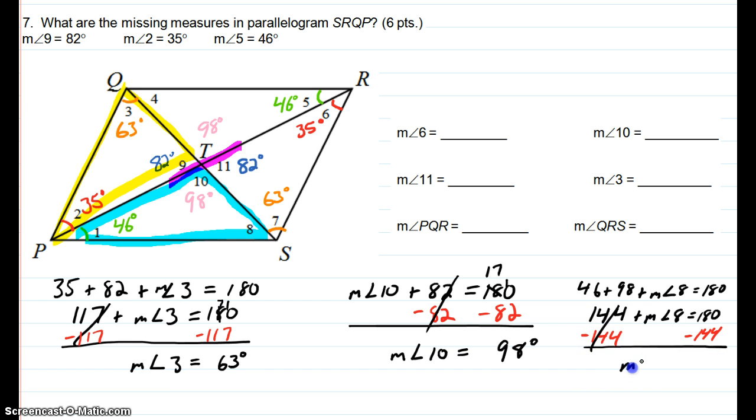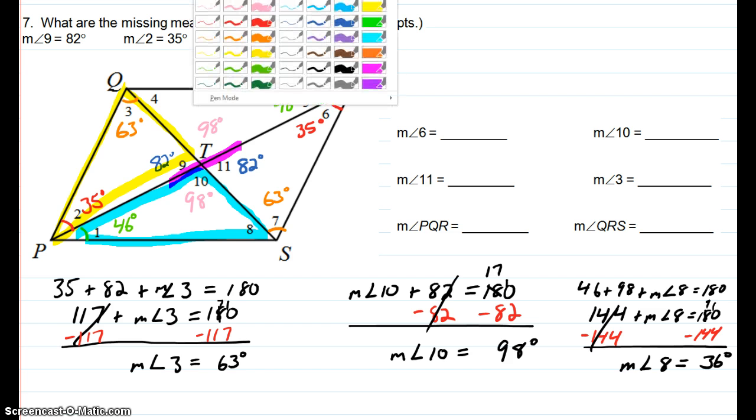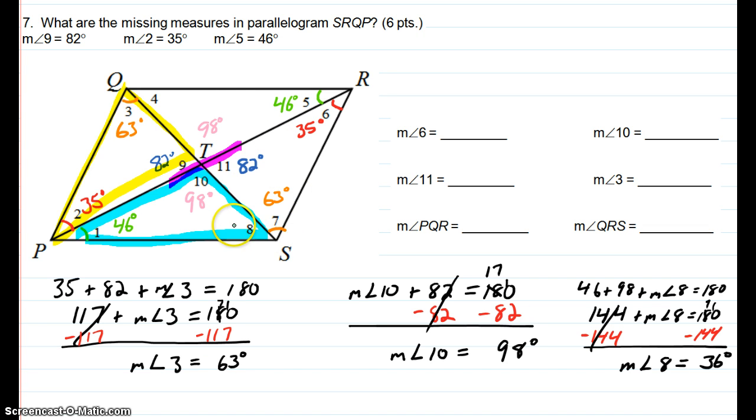And so that's going to tell us that the measure of angle 8 is going to be 36 degrees. So now that I know the measure of angle 8 is 36 degrees, this diagonal creates this alternate interior angle, so I know this is 36 degrees.